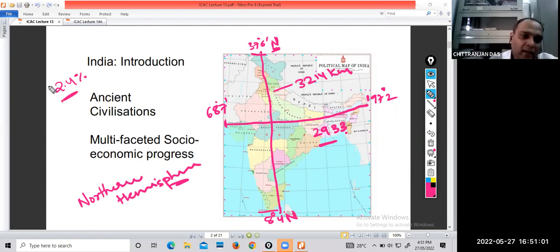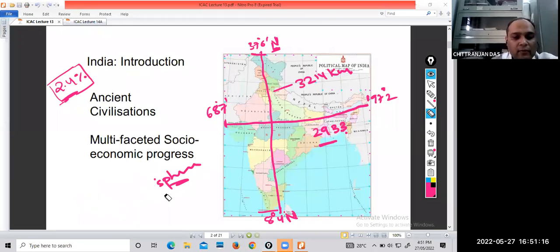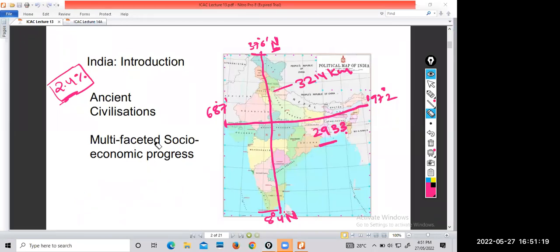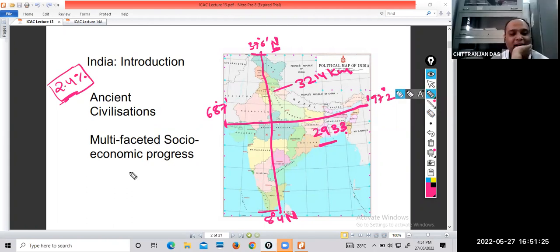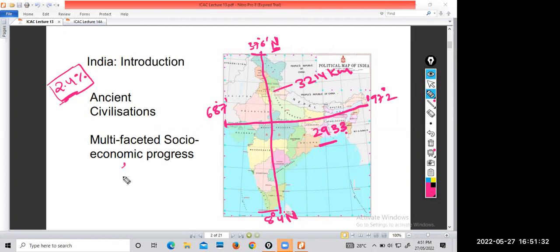Can you people tell me what all countries of the world are bigger than India? It is 2.4% of the total world, but which countries are bigger? China, USA, Canada, Brazil. Which country has the maximum area in the world? Russia.